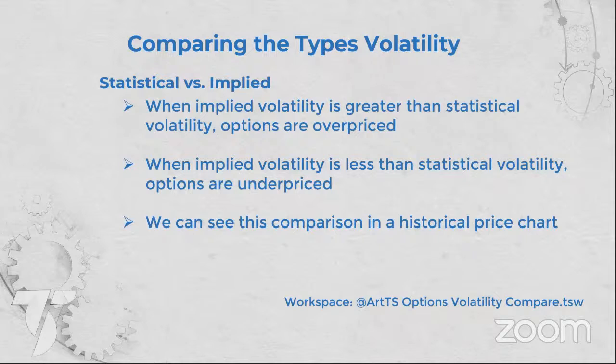We can plot those two values on a daily chart. When implied volatility is greater than statistical volatility, that tells us the options are a little bit expensive compared to the price potential of the underlying asset. And when implied volatility is less than statistical volatility, options are underpriced for that particular price potential.